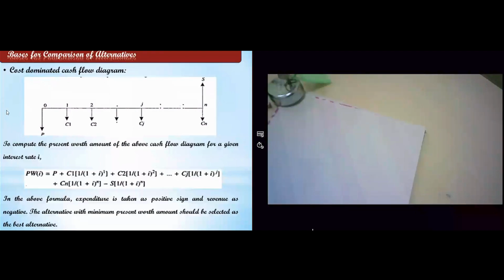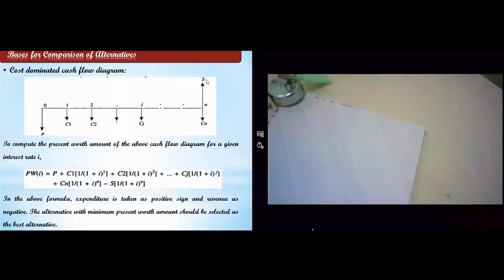All the cost factors here you can see they have taken as positive, including the initial investment P. But the salvage value is a source of revenue or income to the organization, as I told you in the previous slide. So this would be taken as negative.